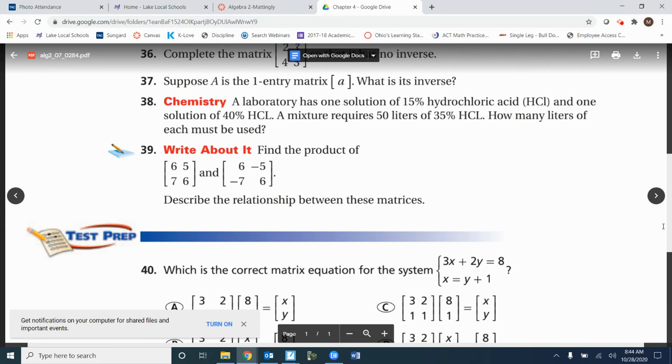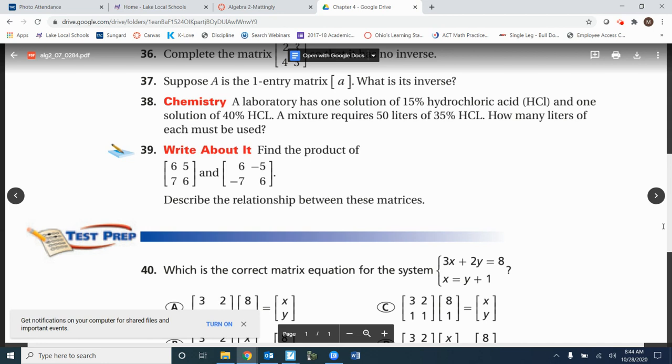Read that. A laboratory has one solution of 15% hydrochloric acid and one solution of 40% hydrochloric acid. A mixture requires 50 liters of 35% hydrochloric acid. Is that the one I said to do?